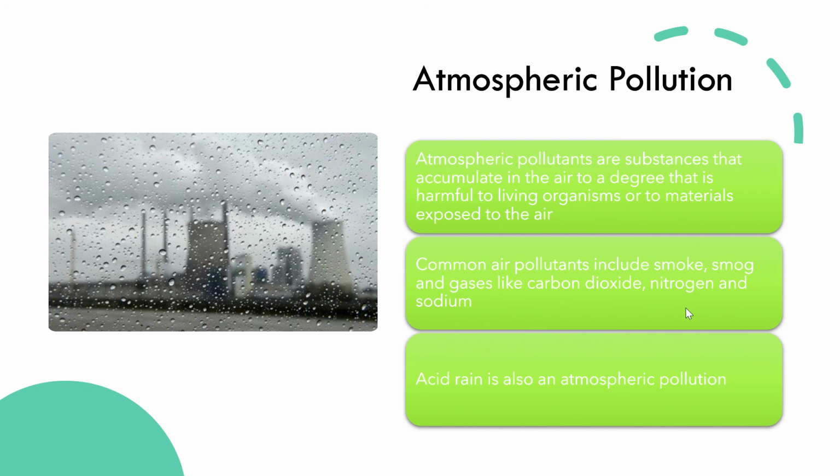The next topic is atmospheric pollution. Atmospheric pollutants are substances that accumulate in the air to a degree that is harmful to living organisms or to materials exposed to air.